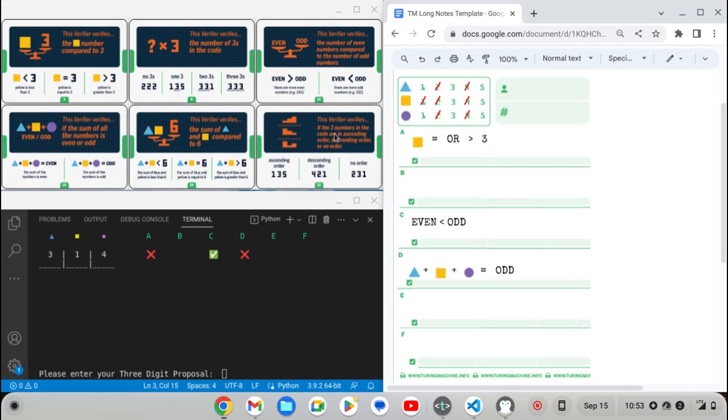Now notice that, besides criteria card D, there's no mention of circle. It could be that the ordering is going to force circle to be either 1, 3, or 5. So under what circumstance would that happen?